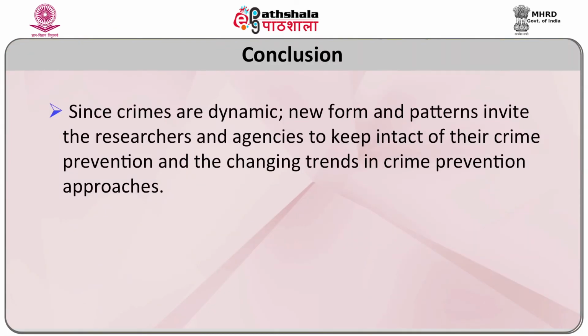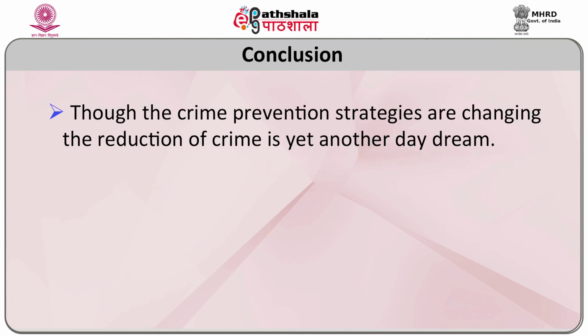The summary of this lesson is that since crimes are dynamic, new forms and patterns invite researchers and agencies to keep abreast of crime prevention and changing trends in crime prevention approaches. Though crime prevention strategies are changing, the reduction of crime is yet another daydream.